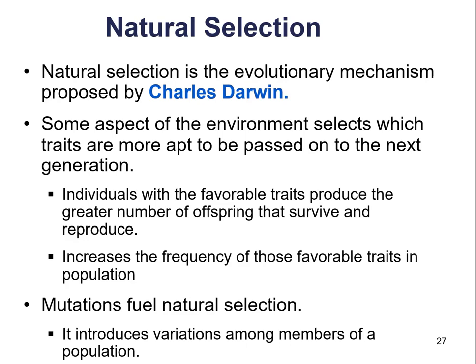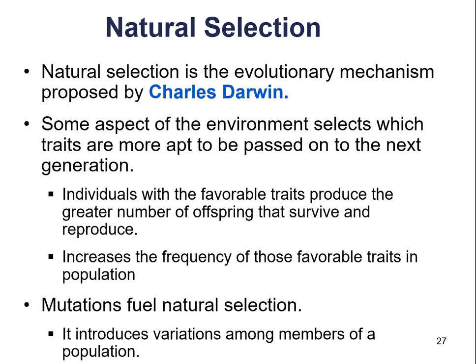Again, there is some genetic change, some change in the genes that provides a more favorable trait for that organism, and those are the ones that will thrive in that environment and thus reproduce.